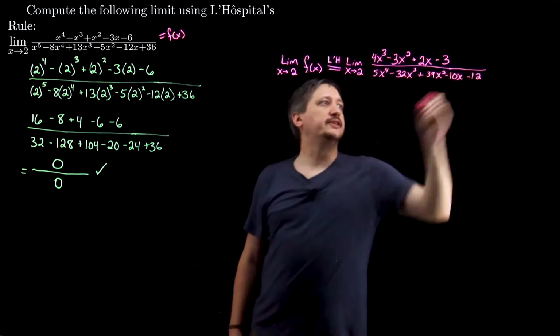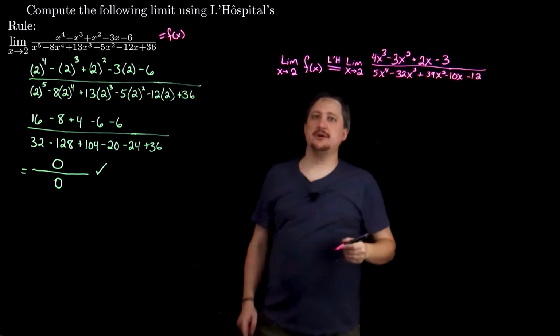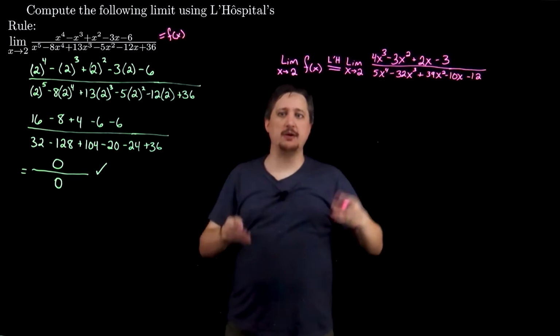So that's doing my polynomial rule term by term: drop the power in front, subtract 1 from the power, go all the way through.